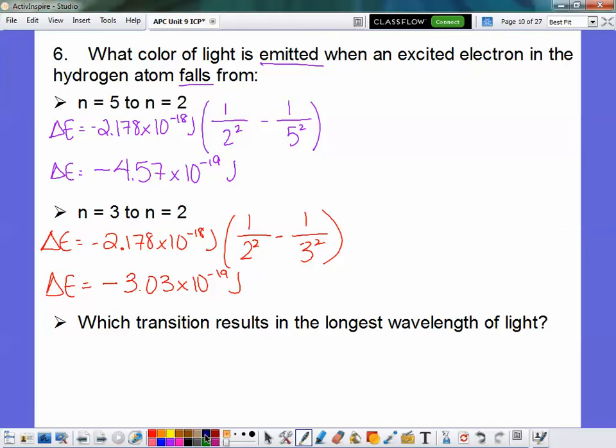The shorter the wavelength, the higher the energy. So the fact that our first transition has more energy, this will have a shorter wavelength, and this will have a longer wavelength. So we kind of answered the second part of this. The one with the longest wavelength of light will be the second transition.